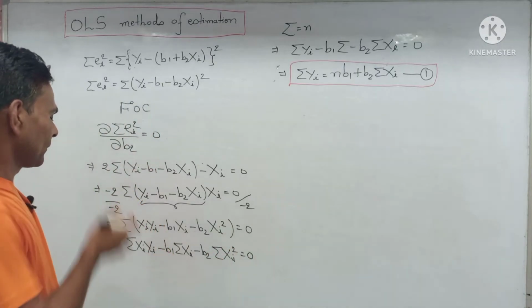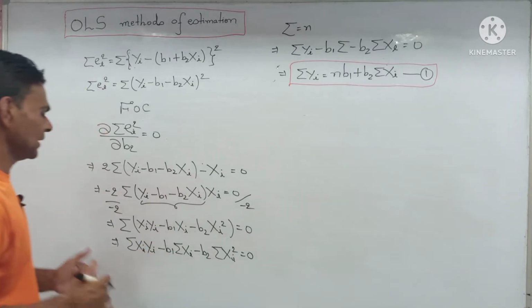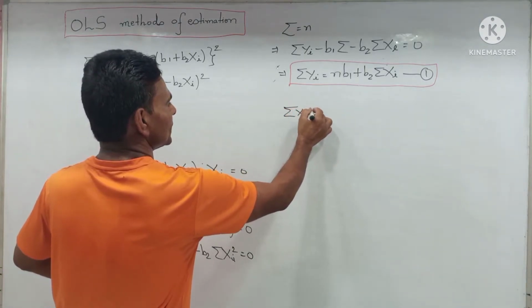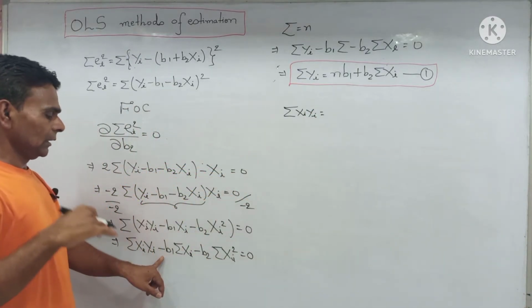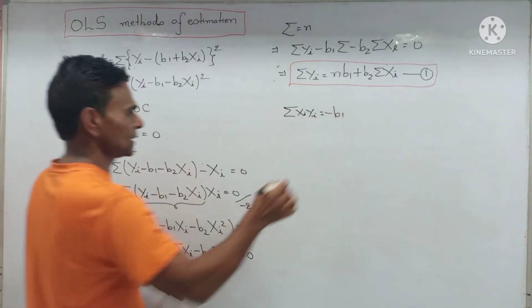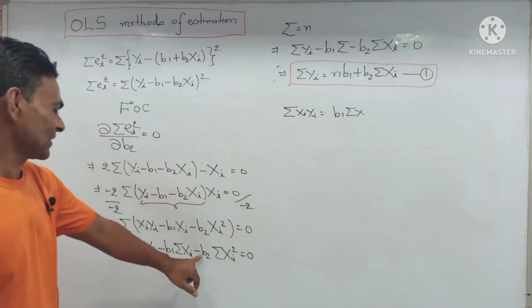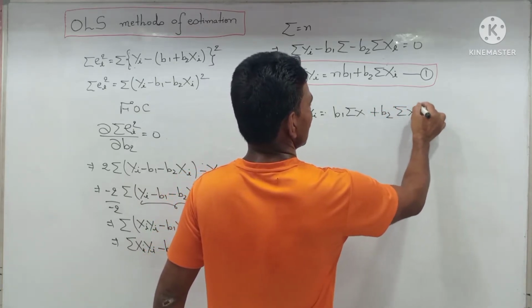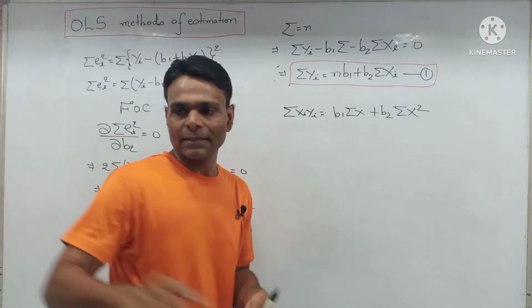Shifting these two terms to the RHS, they all become positive: summation of xi yi equals b1 summation of xi plus b2 summation of xi square. This becomes equation number 2.